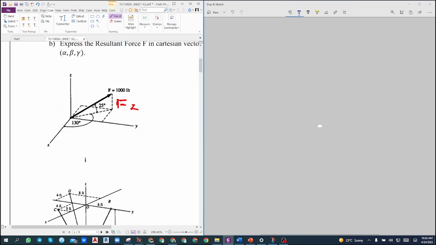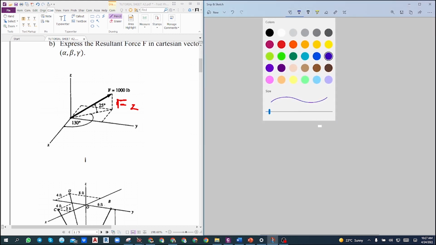Then we can also find the F prime, which is that dotted diagonal line from where the 25 degrees is originating from. It's called F prime. And then we use F prime to find the x component and the y component of F. So without further ado, let's just do that.